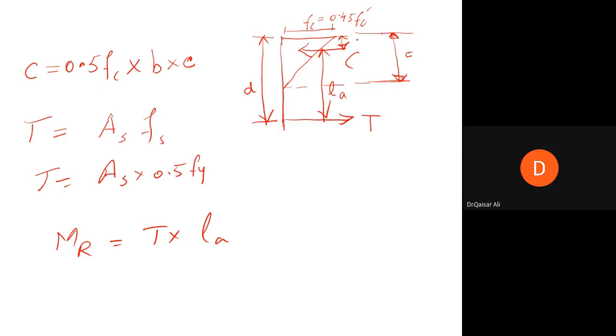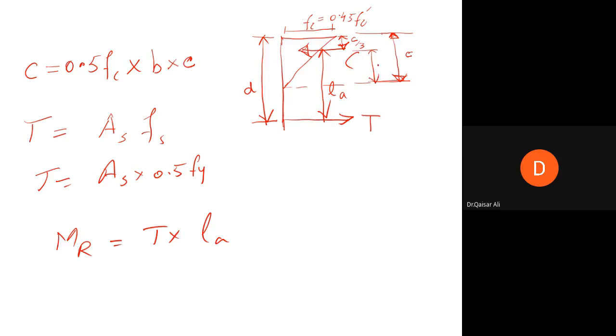And this distance will be equal to, if the total depth of the compression zone is small c, then the compressive force acts at a depth from the top fibers of c by 3, 1 by 3 of c, and the remaining will be 2 by 3 of c.